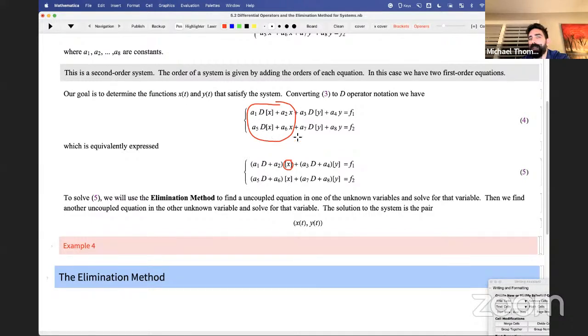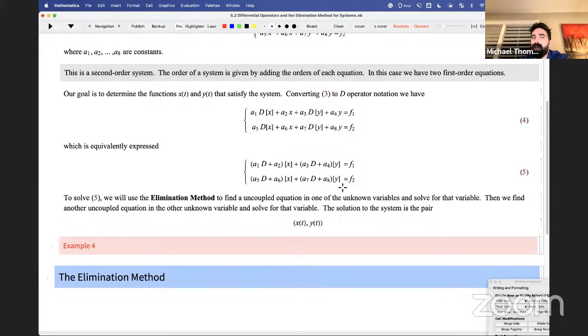And both of these contain an x, so I'll pull it out to the side. So I've got a5D plus a6. We'll do the same thing over here. Both of these contain a y, so we'll pull that y out to the side: a3D plus a4, and then we'll also pull that y out. Is that okay?